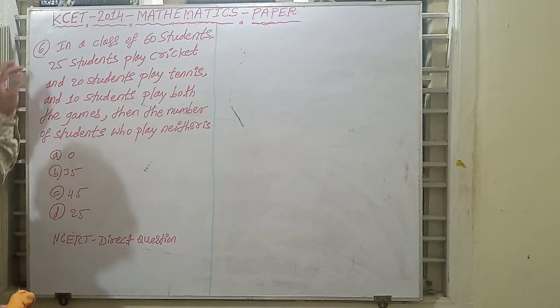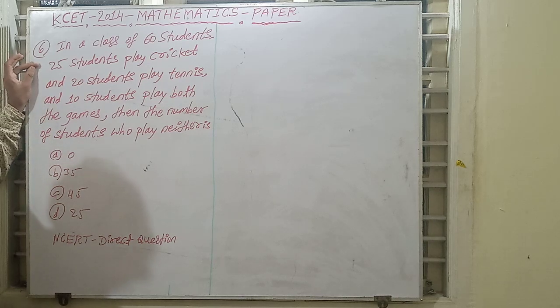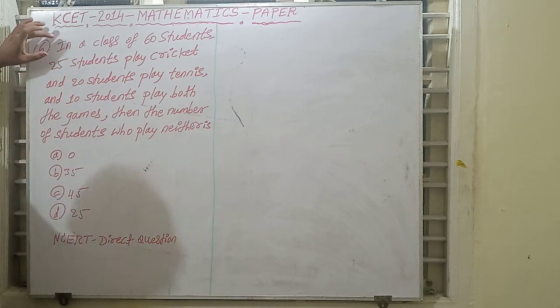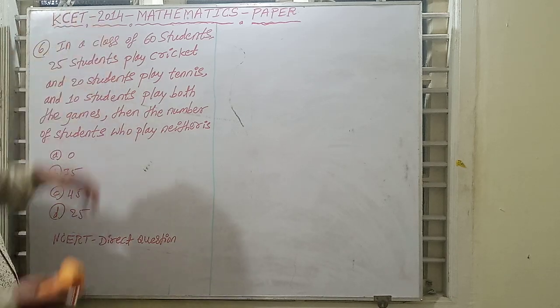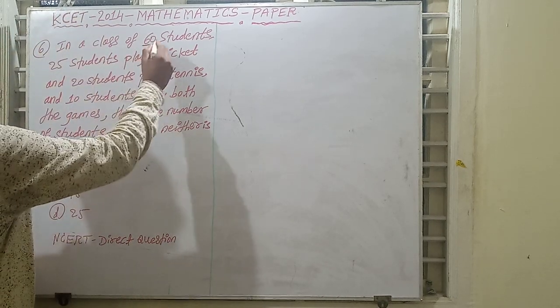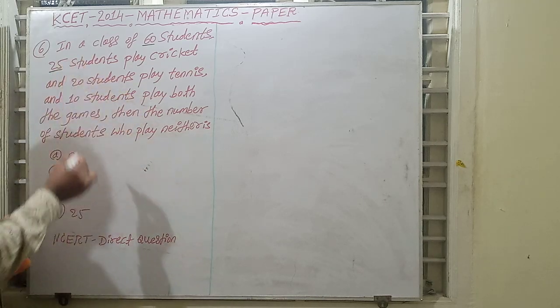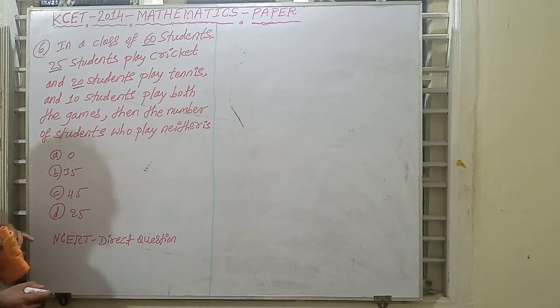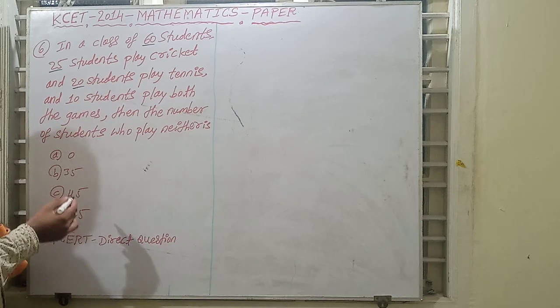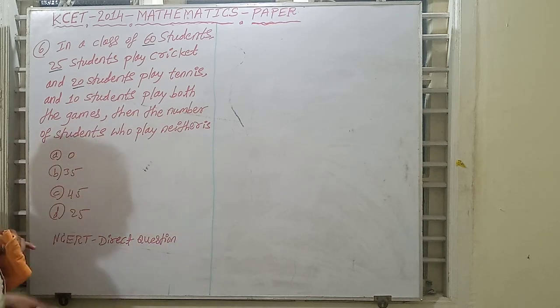Now let us move on to the sixth question, which belongs to the cardinality of sets in the set chapter. In a class of 60 students, 25 play cricket, 20 play tennis and 10 play both games. Then the number of students who play neither is?